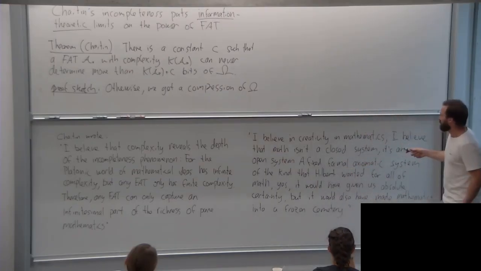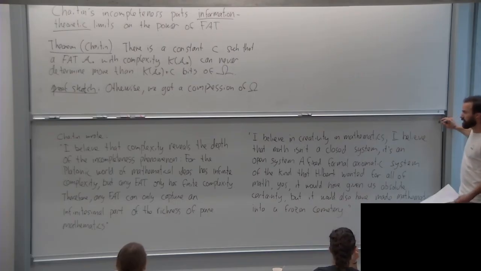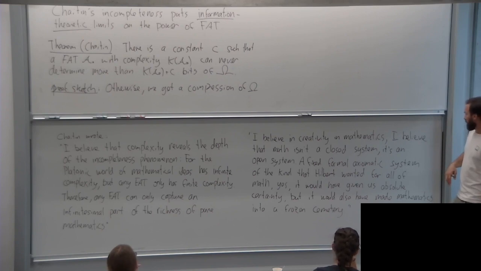Another quote of his: "I believe in creativity in mathematics. I believe that math isn't a closed system, it's an open system. A fixed formal axiomatic system of the kind that Hilbert wanted for all of math, yes, it would have given us absolute certainty, but it would also have made mathematics into a frozen cemetery."